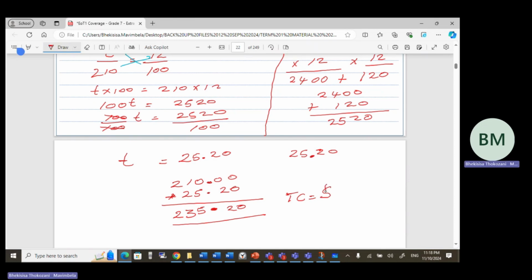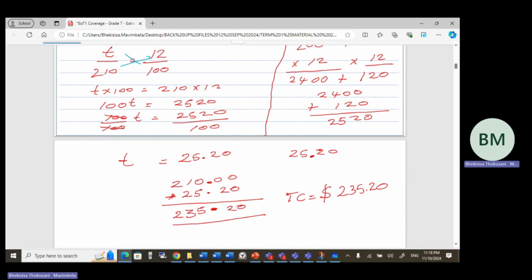Everything is in dollars. This is a dollar sign. So this is the cost for everything. Okay. So let's try to move on to the next question.